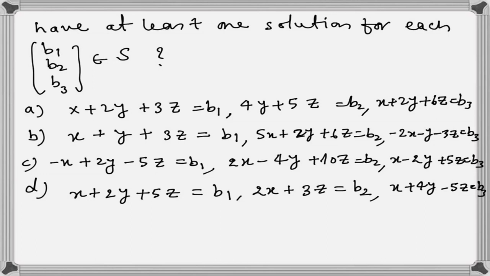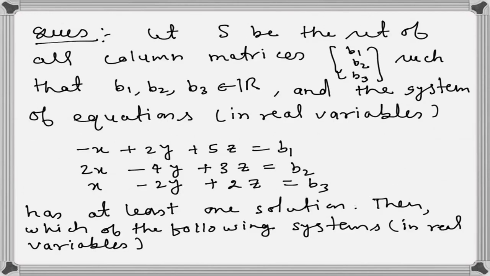First of all we need to find the set S. The condition is that this system has at least one solution. So S is the set of all those b1, b2, b3 for which this system has at least one solution. Okay, so let's first form the set S.